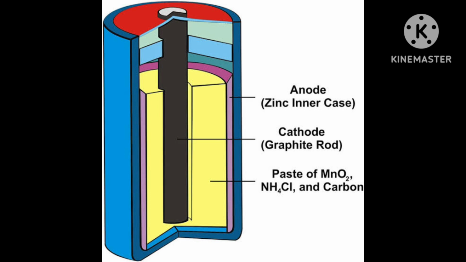Now I am going to discuss primary batteries. There are two types: primary batteries and secondary batteries. I think now all of you know about batteries. Nowadays batteries have many roles everywhere, and night becoming day is due to the blazing of batteries.